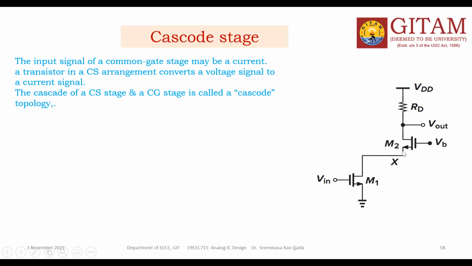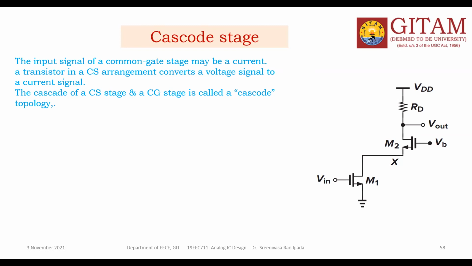As I wrote in the statements, that is right. Input voltage is converted into current by the CS stage, and that is fed to the source of the CG stage, and then you get the final output.